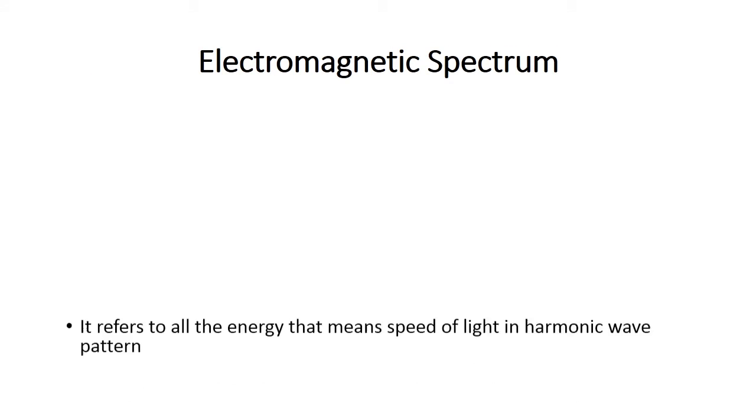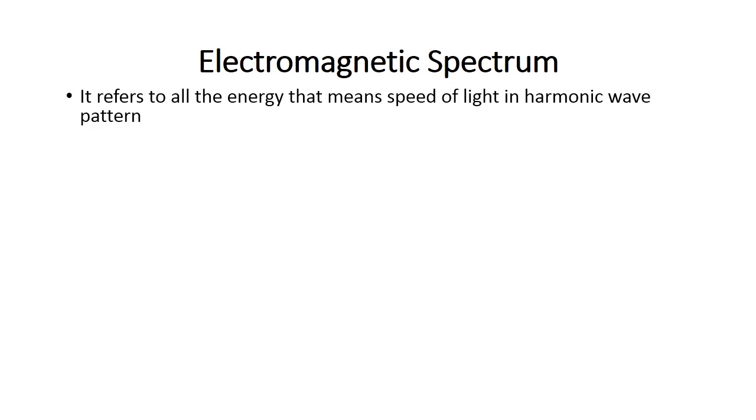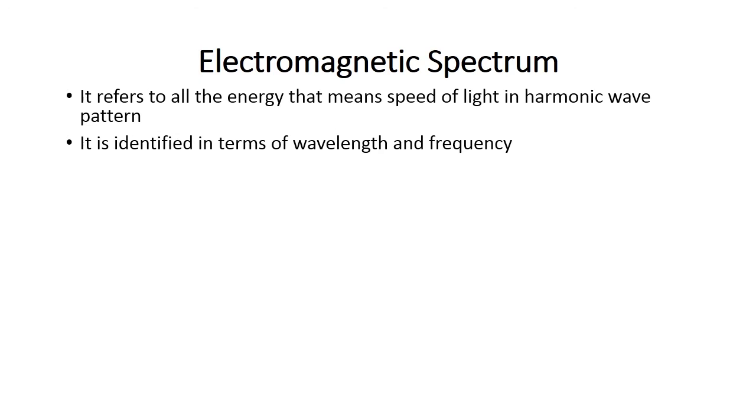Electromagnetic spectrum: it refers to all the energy, that travels at the speed of light, in a harmonic wave pattern, and it includes light rays up to radio waves. It is identified in terms of wavelength and frequency.